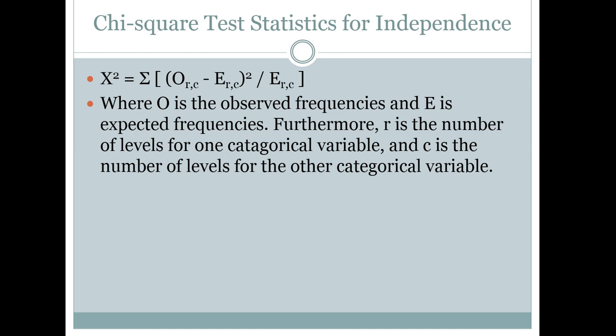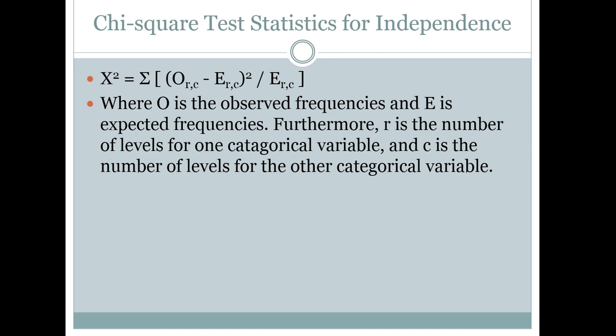The description of chi-square test statistics for independence goes like this. It will be X squared equals the sum of the observed frequencies, using the number of levels of one categorical variable multiplied by the number of levels of the other categorical variable, and then you subtract the expected frequencies, again using the number of levels for one categorical variable multiplied by the number of levels for the other categorical variable.